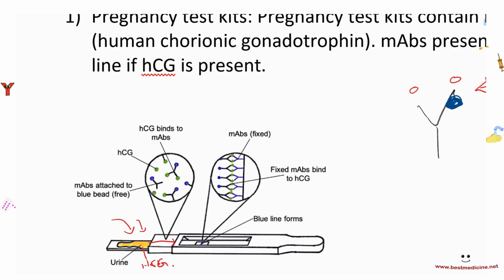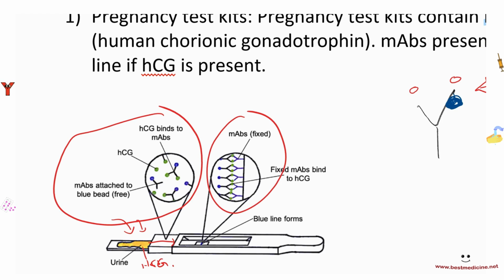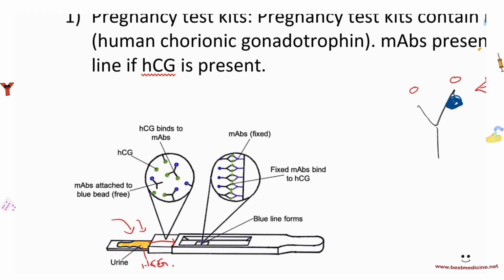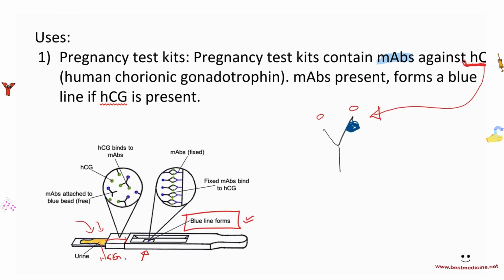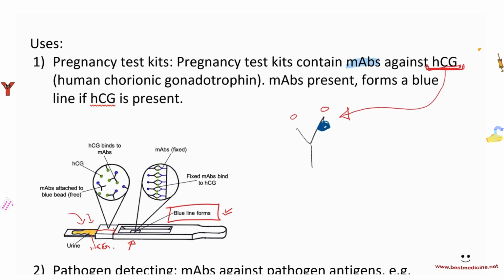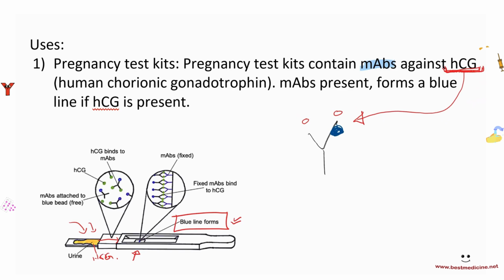And then once HCG goes in, it will cause this clumping situation, this fixation situation, forming a blue-colored line on the pregnancy test kits, which means that the test is positive. It does contain HCG, and there's a good likelihood of pregnancy. Of course, then you'll have to do further testing to confirm this, but yeah, this is the initial test that one does.